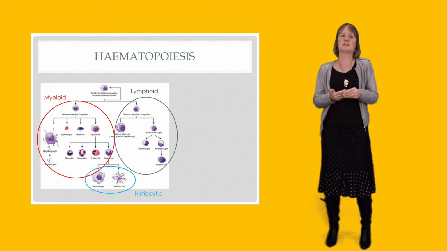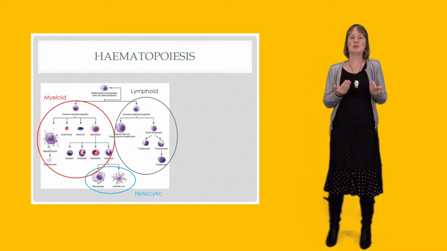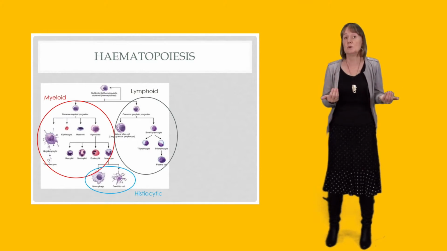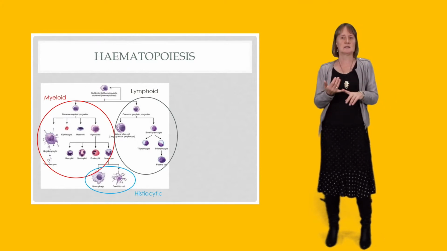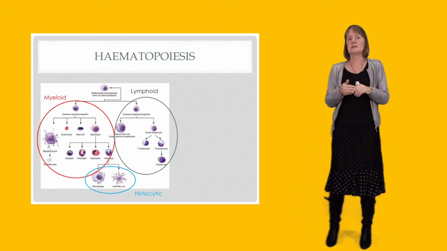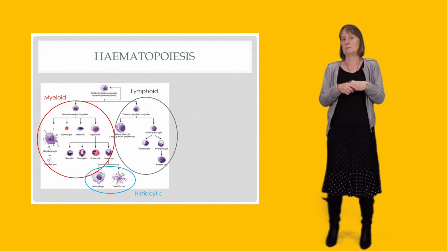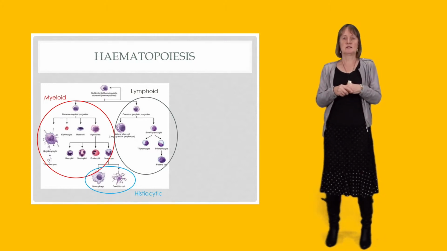The myeloid progenitor cell is then capable of differentiating further to produce the myeloid blood cells that we normally see in the peripheral blood. So that's the platelets, the red blood cells, the granulocytes, the mast cells, and the monocytes. And the lymphoid precursor cell is capable of differentiating into a natural killer cell, B lymphocytes, and T lymphocytes.